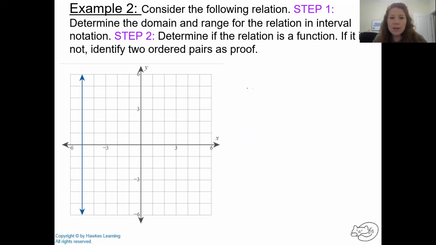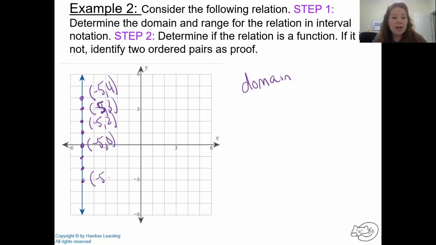All right, so first of all, what's the domain? The domain are all of the X values. So if we wrote out all of these ordered pairs, every one of them would start with -5: -5, 4, -5, 3, -5, 2, so on and so forth. -5, 0.